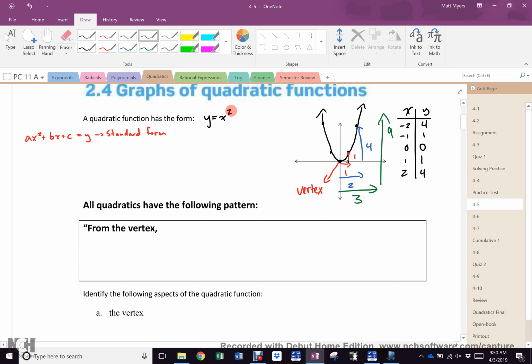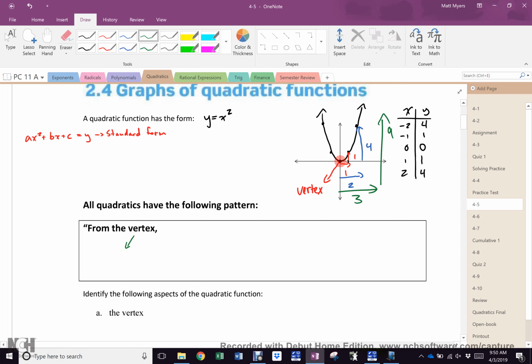Everyone's cool? Okay. So, all quadratics have this pattern. Okay? If they are in a regular form. All right? And it is very simple. They all go from the vertex, and the vertex, we remember, right now is the lowest point, yes?